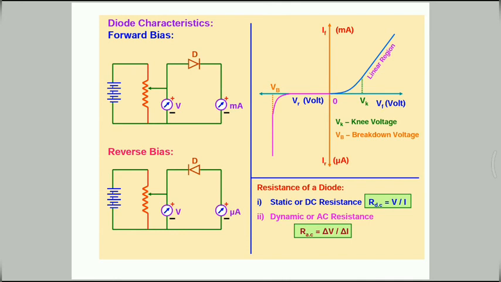With further increase in applied voltage, the current increases very rapidly. In this situation, the diode behaves like a conductor. The forward voltage beyond which the current through the junction starts increasing rapidly with voltage is called knee voltage or threshold voltage.